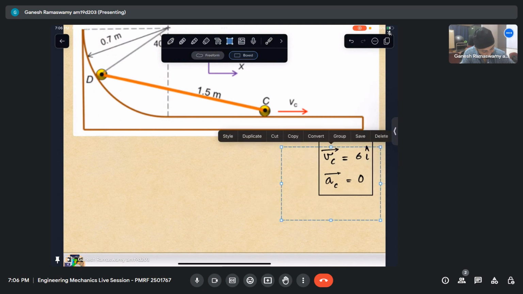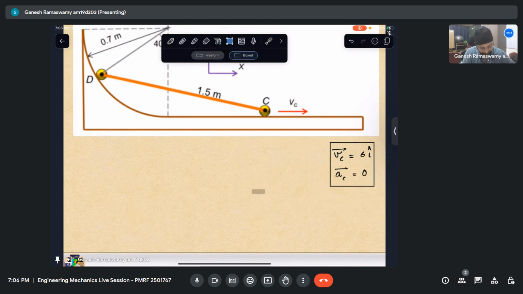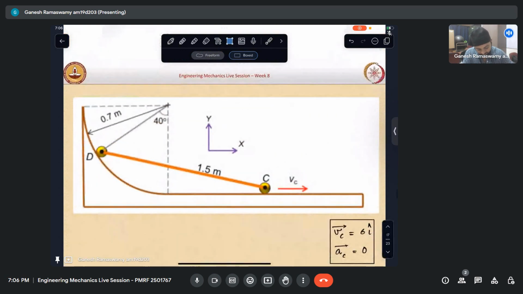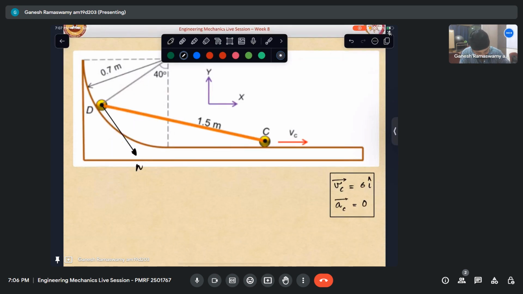Now we have been told that this point D traverses this circular path. So at any instant, I know that this has to be the direction in which my velocity is. It is tangential to that circular path. And then the normal to this is along that.